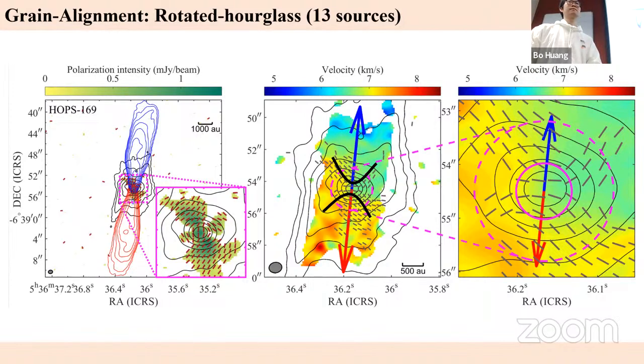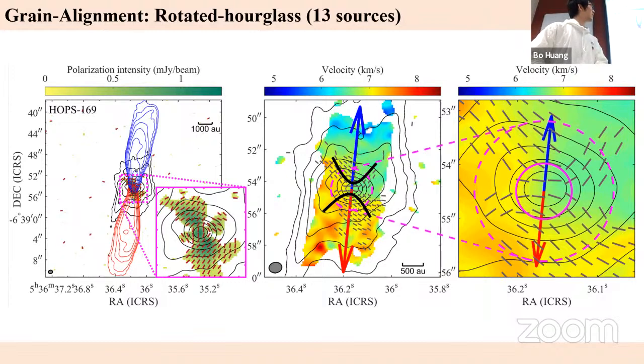I have a quick question. You said you are not sure you can make a distinction between random direction and perpendicular direction of magnetic fields.